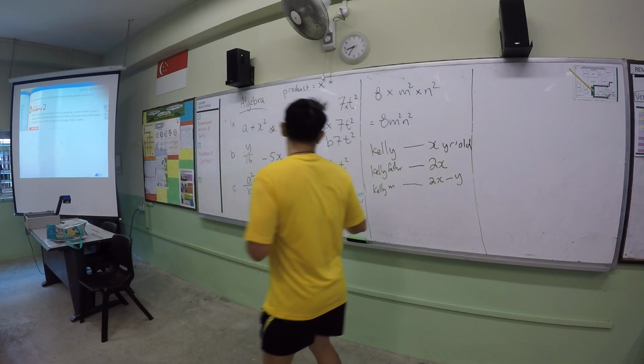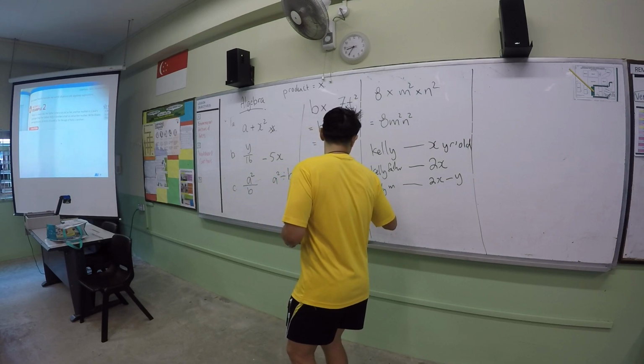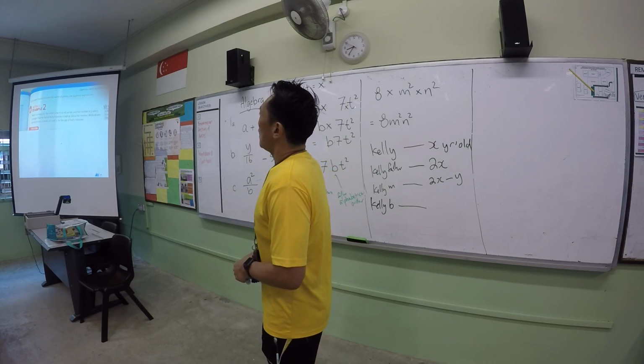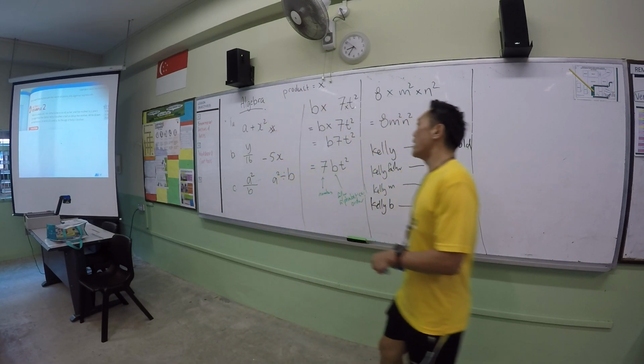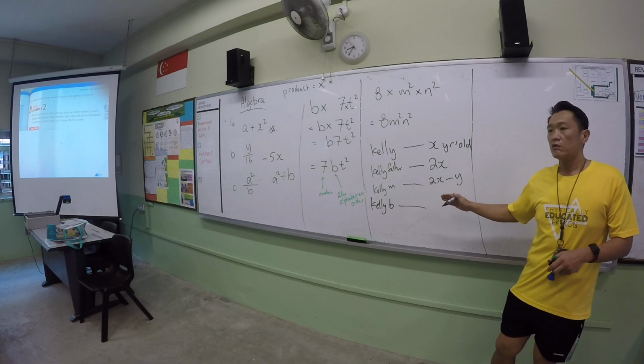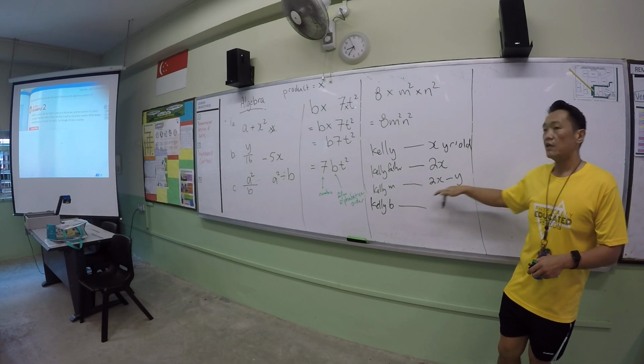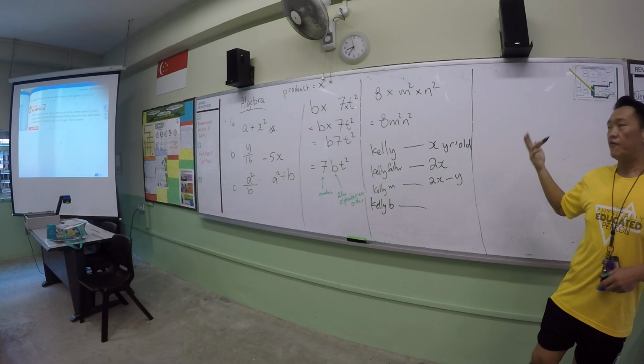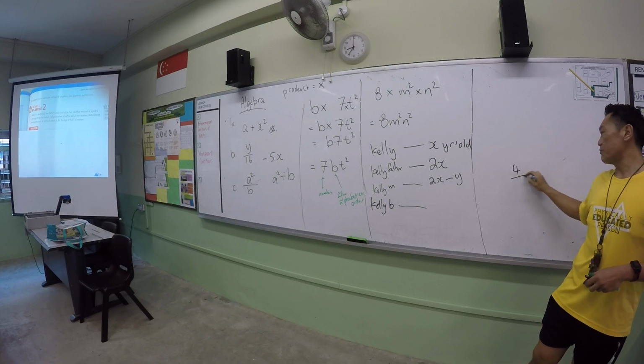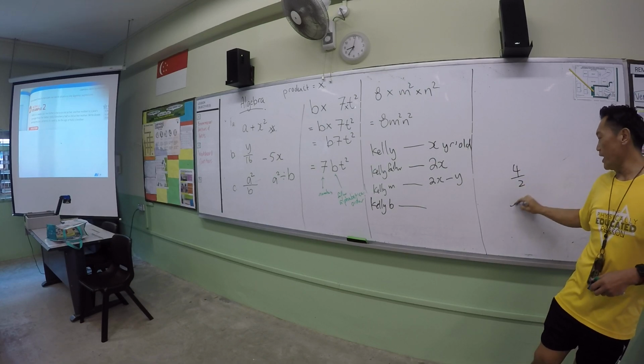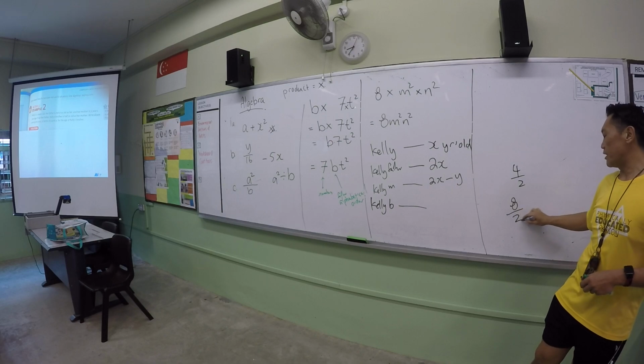Kelly's brother is half as old as her mother. So half of this, half of 4 is 4 divided by 2. Half of 8 is 8 divided by 2.